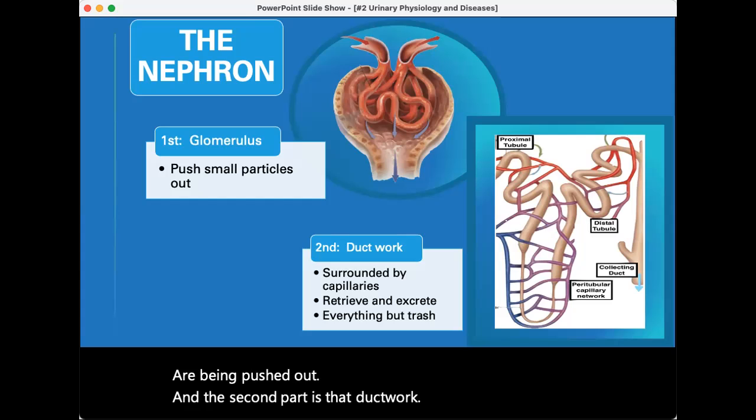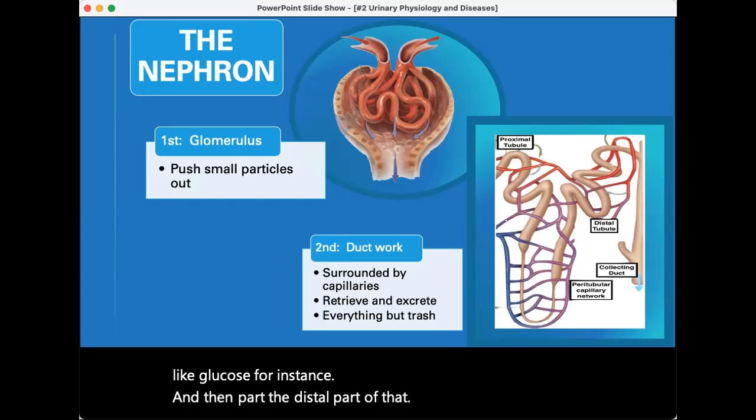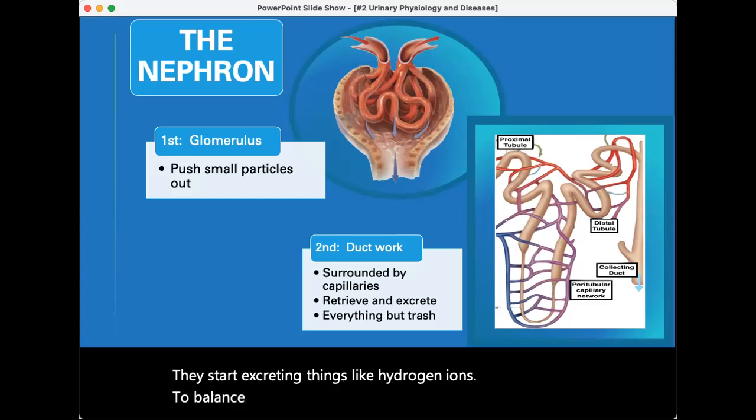And that ductwork is surrounded by all these little capillaries. And all these capillaries are working to retrieve anything that got pushed out that they find important to bring back, like glucose, for instance. And then the distal part of that, they start excreting things like hydrogen ions to balance out the acid-base balance in the blood. So basically, they're taking back everything but the trash and get rid of all your toxins.